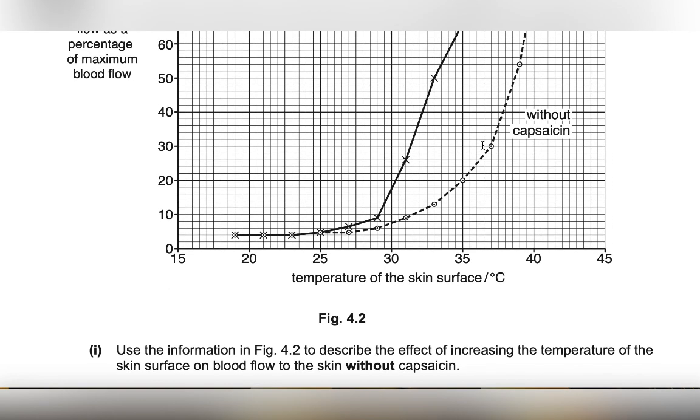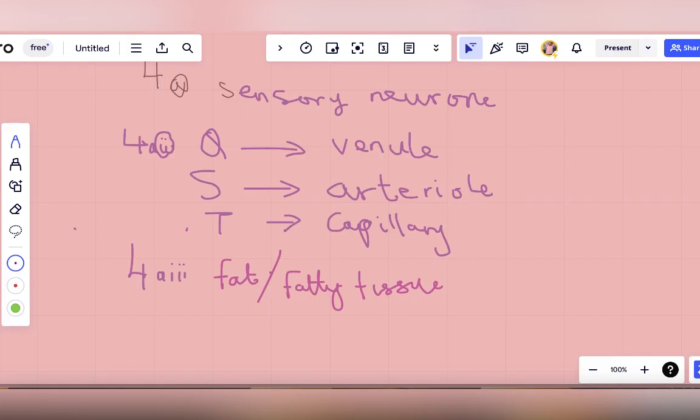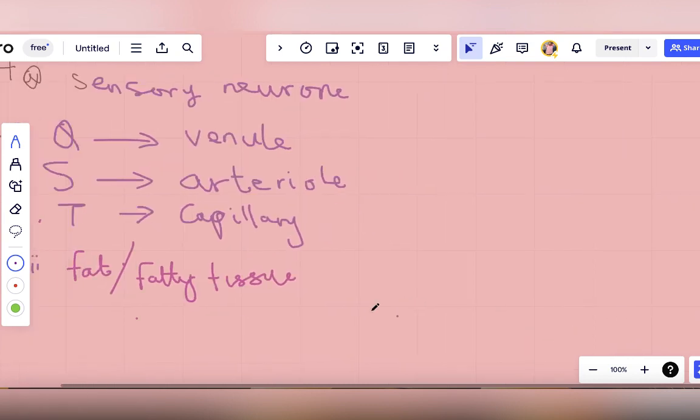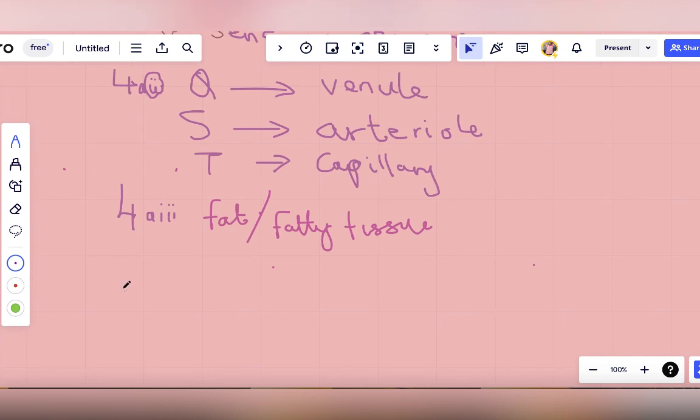So if we increase the temperature, what will happen? Blood flow remains constant and then increases. Look at it. First, it will be constant. So we can see that the blood flow will remain constant, then later increases. So we can state that. The blood flow will remain constant and then later increases.